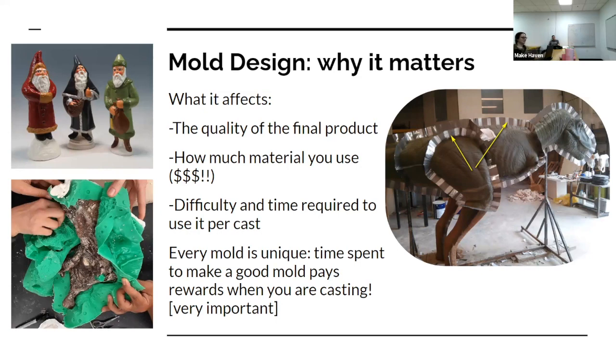Does it have the surface you want? The amount of material you use matters too. Mold making and casting materials can be expensive, and there are ways to design that will limit the amount of material you need, but it will probably take you longer to create the molds. And then there are some that'll be much faster to make, but you may end up using quite a lot of material. There are always going to be trade-offs.